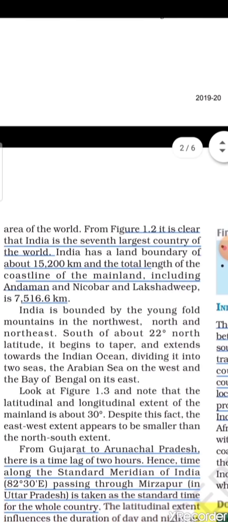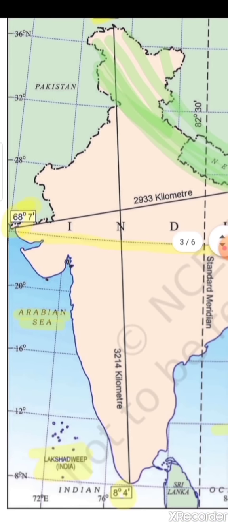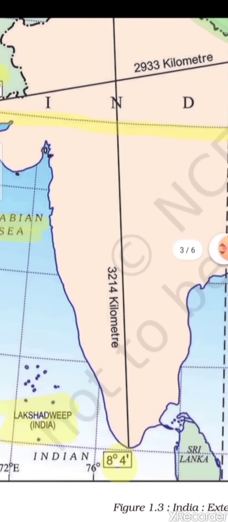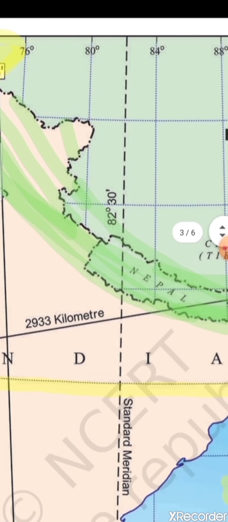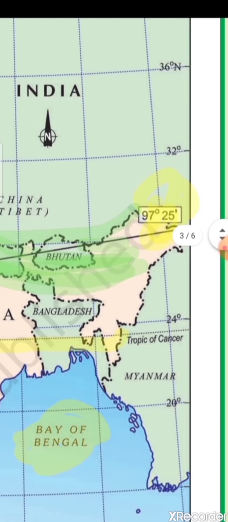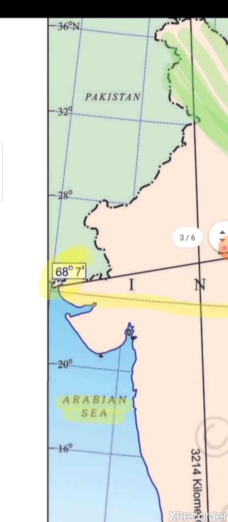This you can understand through this map. See, the latitudinal extent of the country is 8 degree 4 minute north to 37 degree 6 minute north, and the longitudinal extent of the country is 97 degree 25 minute east and 68 degree 7 minute east.